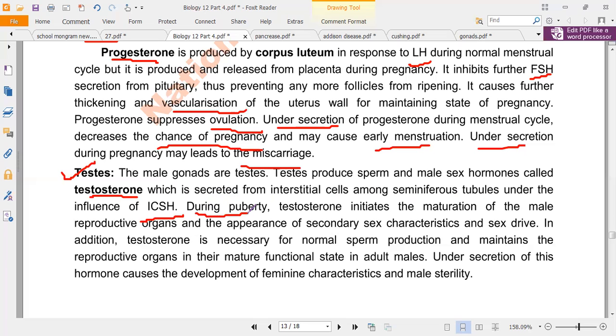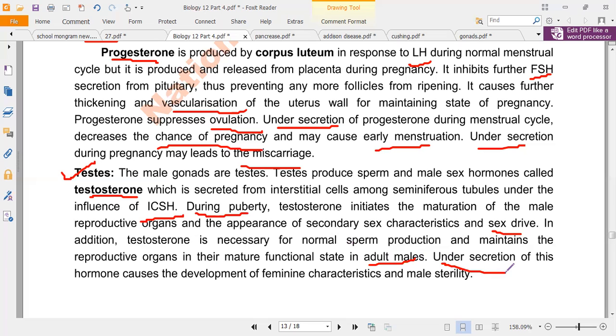During puberty, testosterone initiates maturation of male reproductive organs and secondary sex characters, as well as sex drive. Testosterone is necessary for normal sperm production and maintains all the reproductive organs in an adult male.